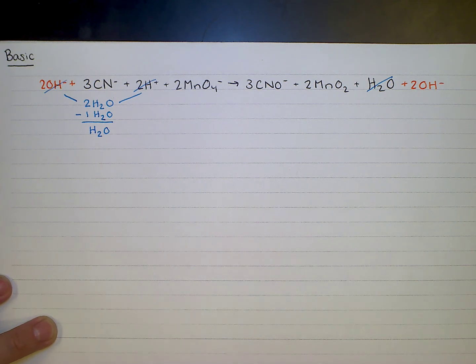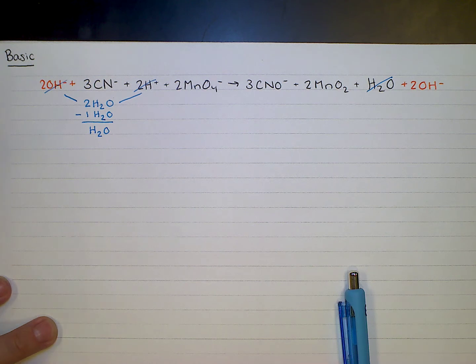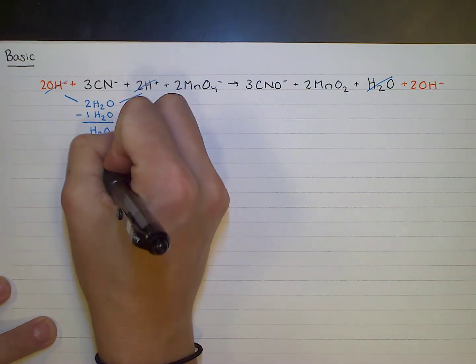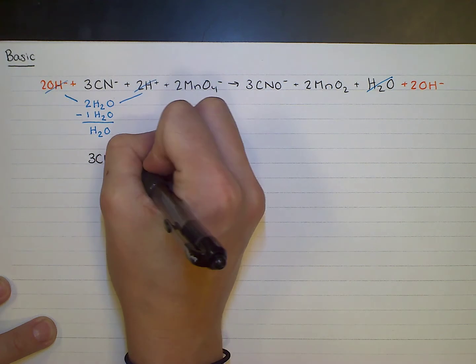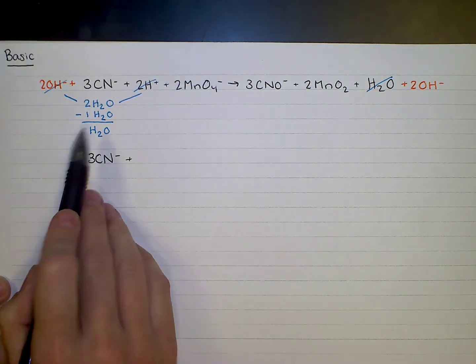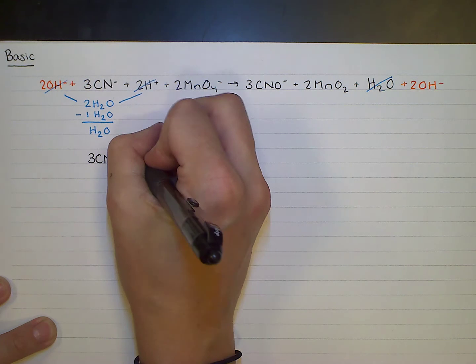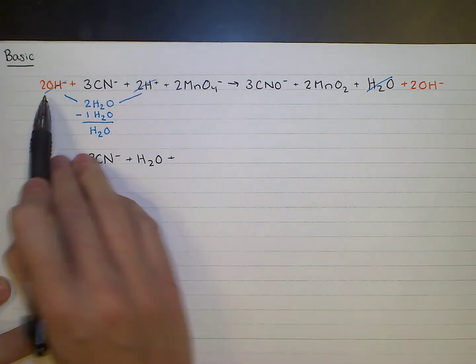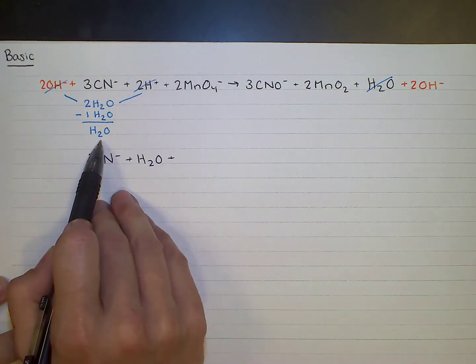We can write down everything that's left. So, writing everything that's left, I have 3CN minus, and our H2O that we just made, this guy right here, H2O, and then we crossed out these, so they're gone. Remember, they went into making the water.